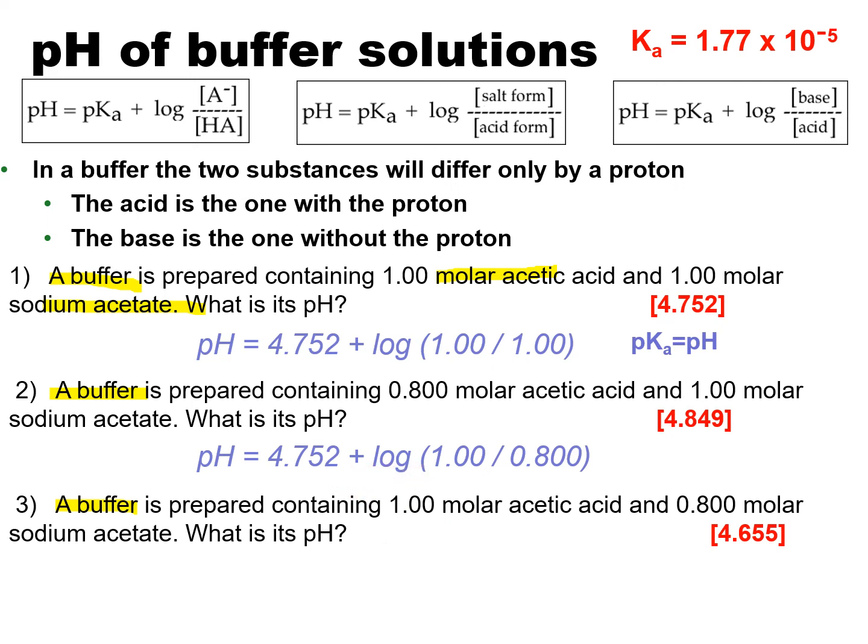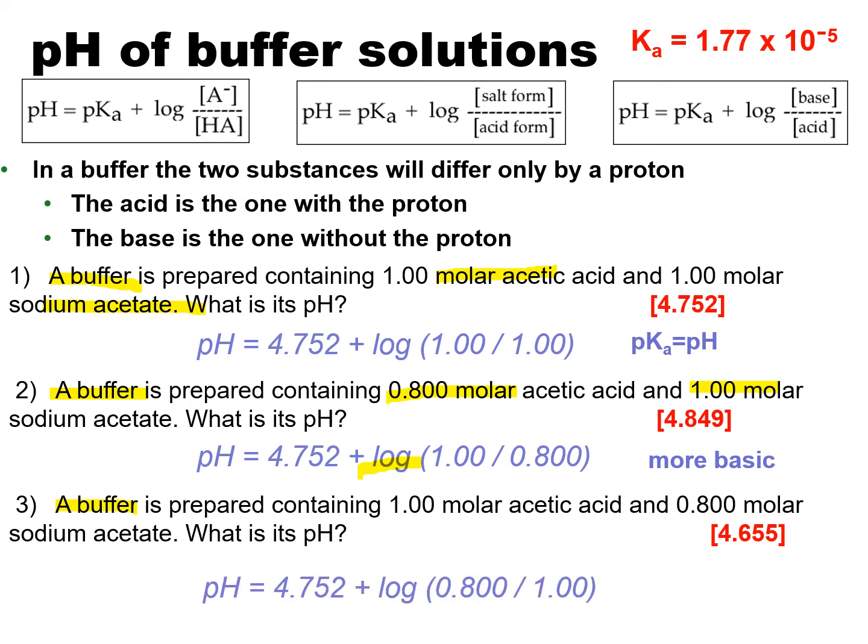So the pH should be higher than the pKa, and in fact you get 4.849, so that's a little bit more basic. That makes sense because you have only 0.8 of the acid component of the buffer, but you have 1 of the basic component of the buffer, so it's more skewed toward the basic side.